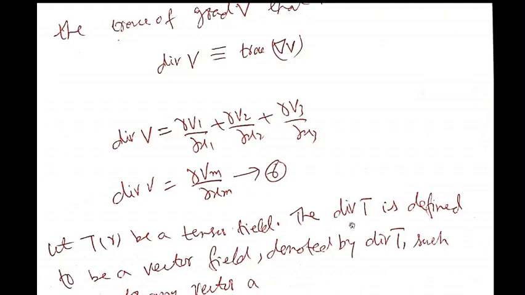Now if you take the divergence of a tensor, then the result should be a first order vector.